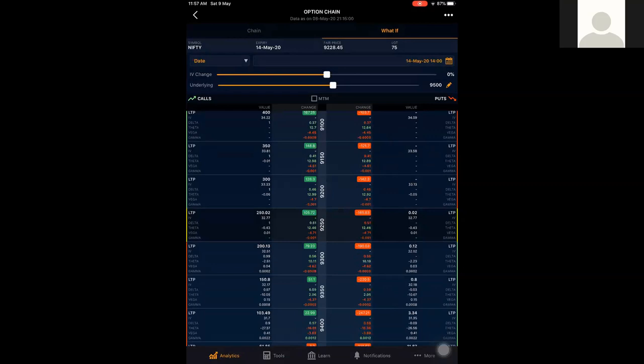Understand, your option will become more and more in the money. So at 9500, your 9300 call has a delta which has increased by 0.56 from today. It's 0.99, which is completely in the money. Right? This is how you see. So I take a pause over here. Any question you have for the chain, what if, we can take it up here.